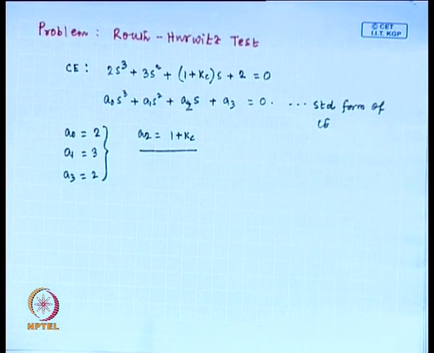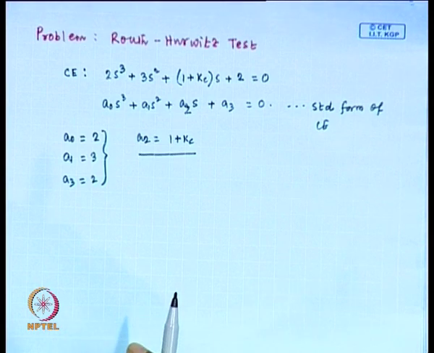We can directly say that the closed loop process is definitely unstable. Therefore, for the time being we will assume that 1 plus Kc is a positive quantity, and we will try to find the stability condition based on the value of Kc, fine. So, we are assuming all coefficients from a 1 to a 3 are positive.